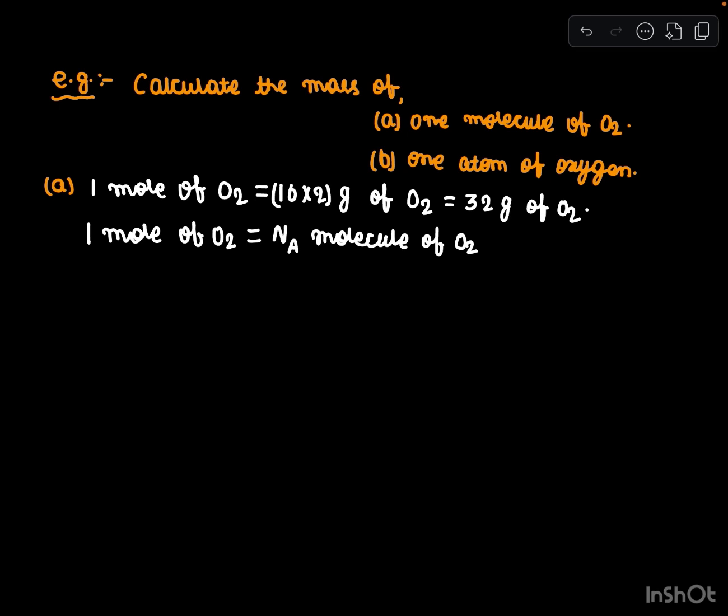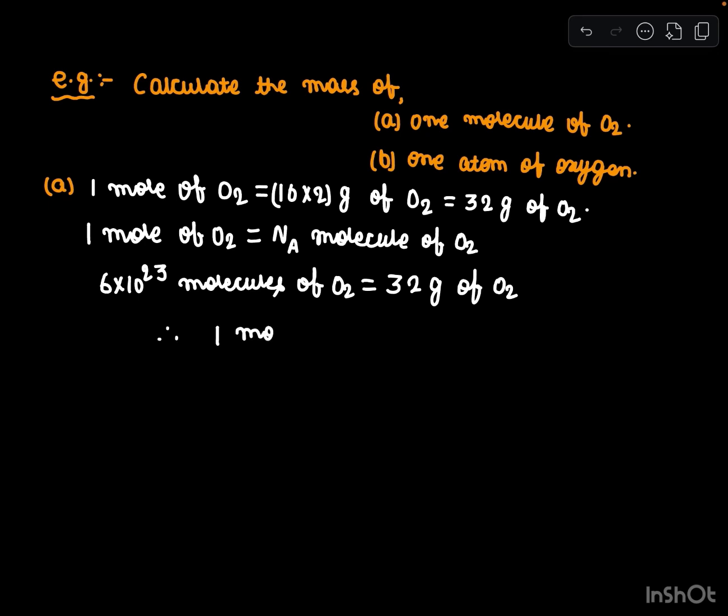We can write it as Na, 6 into 10 to the power 23 molecules of oxygen is equal to 1 mole of oxygen, and 1 mole of oxygen contains 32 gram of oxygen, is equal to 32 gram of oxygen.